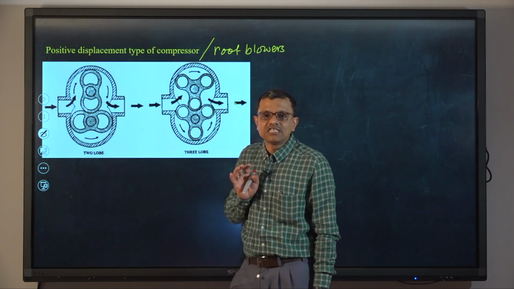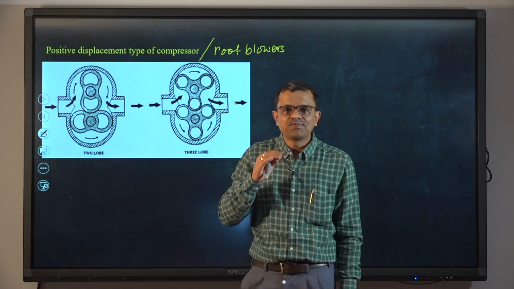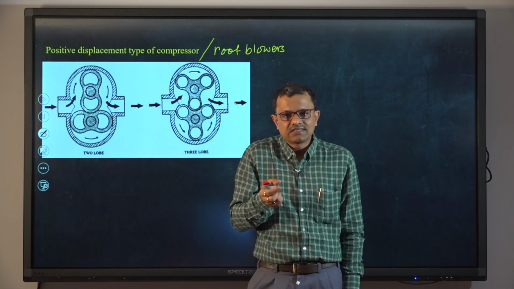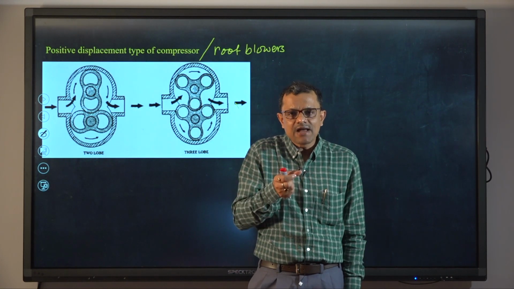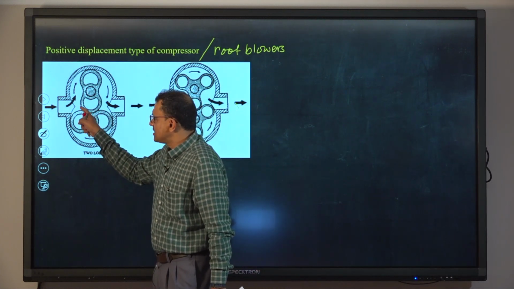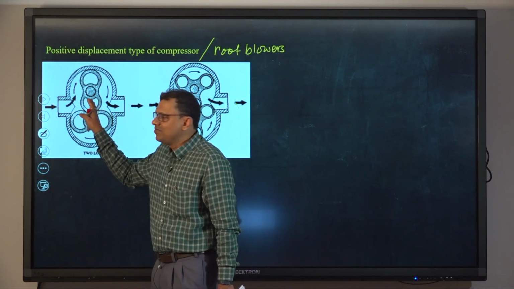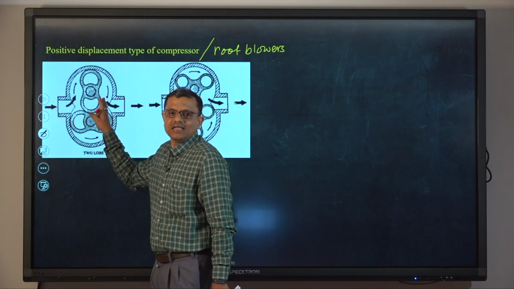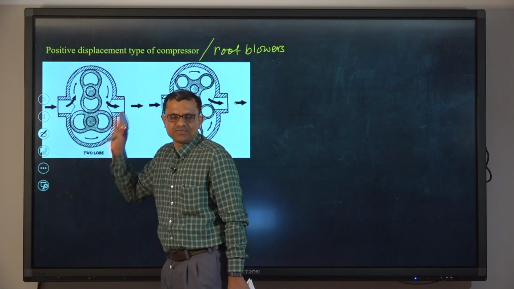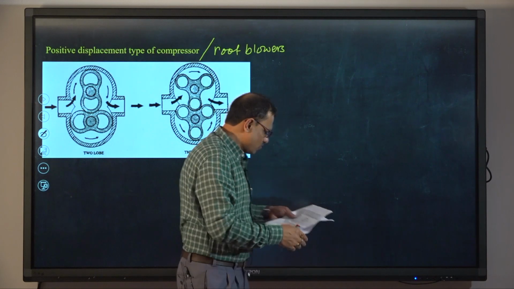All these are positive displacement type, as if there is a positive displacement of the air volume which was entrapped, and then the air volume will be compressed. So, this is root blower.